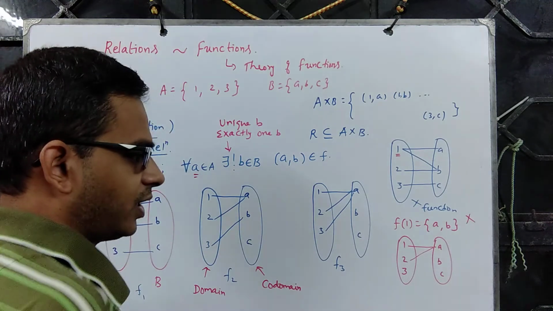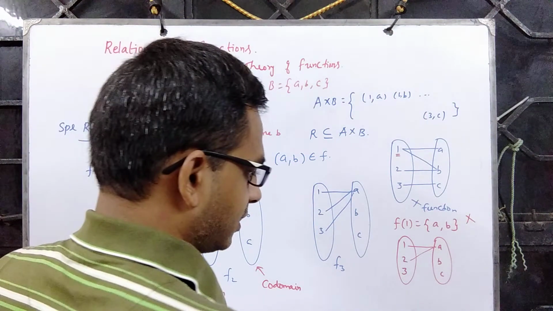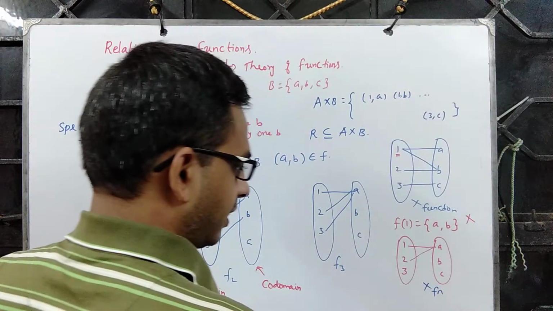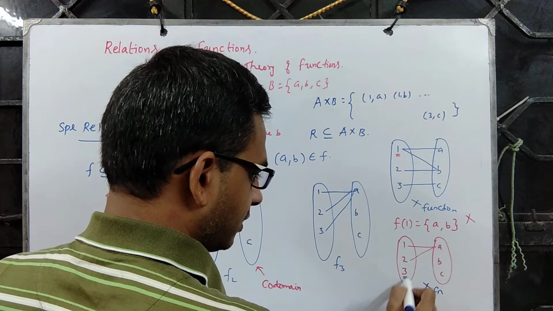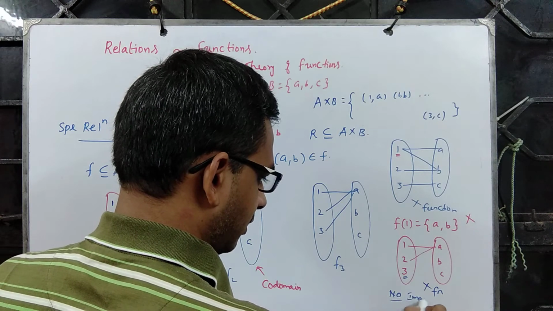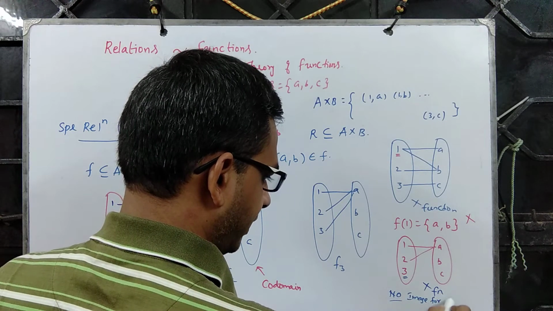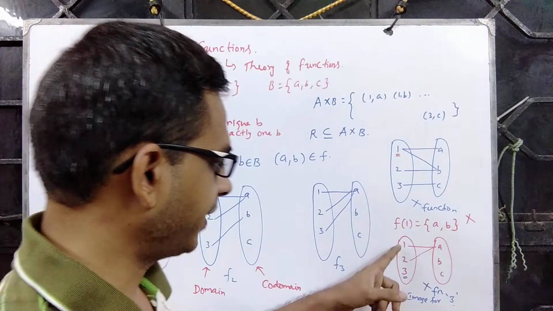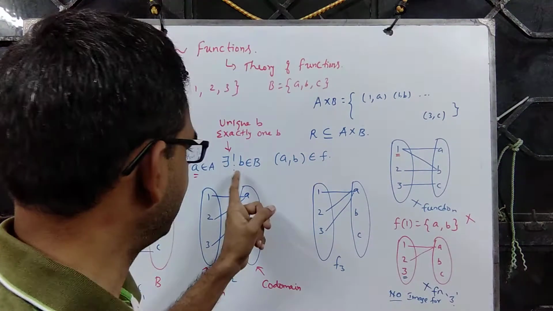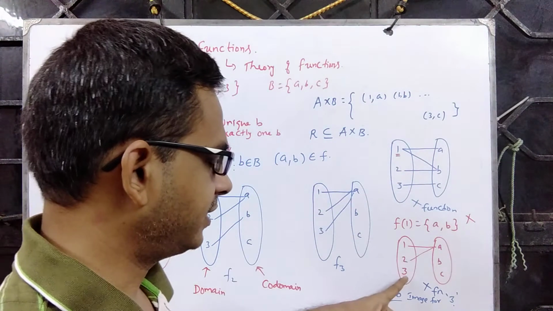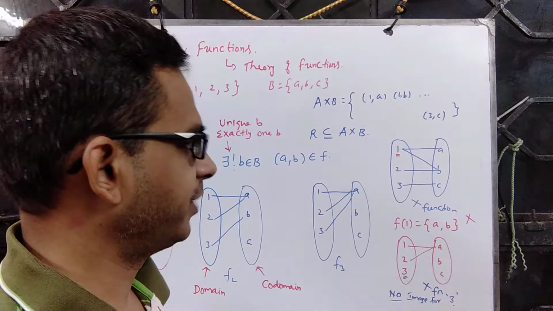Now, is this a function? The answer is no. 3 has no image. It says for each a in A, there should be exactly one b such that a, b belongs to f. Here is an element for which there is no image.